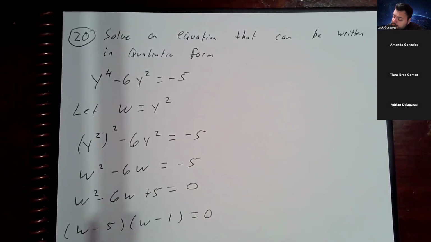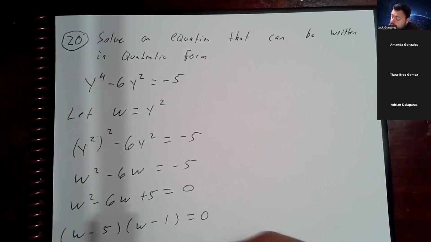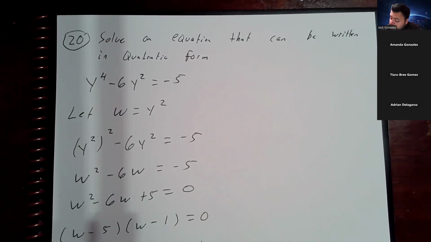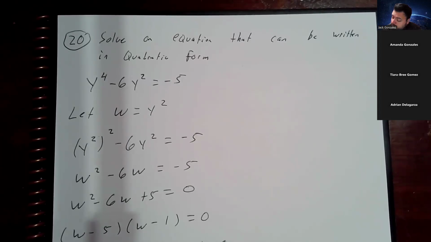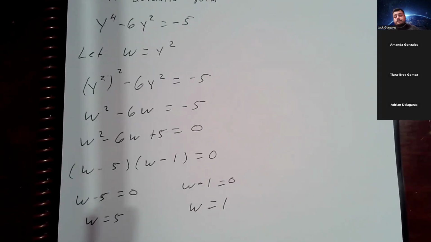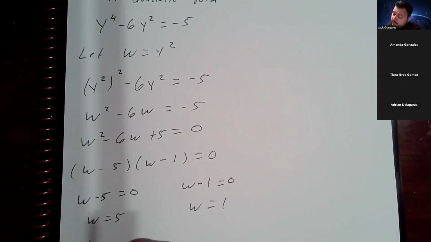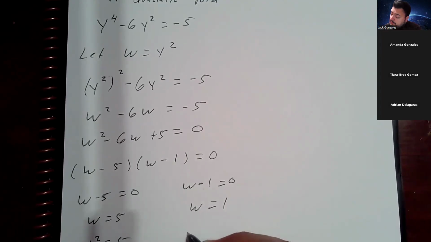Well, almost. So we found w, but w was made up. So bring back y squared. So y squared equals 5, y squared equals 1.